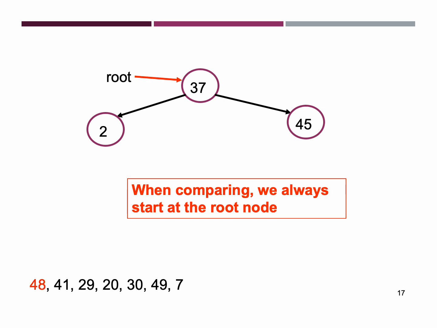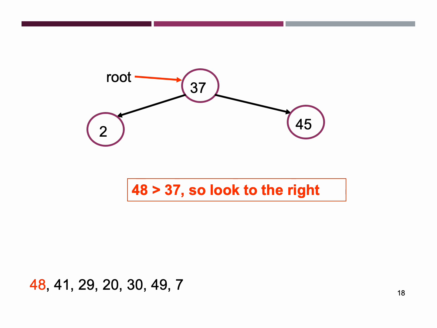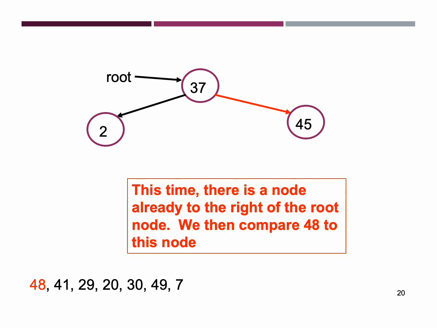Now let's compare 48. When comparing, we always start at the root node. So 48 will be compared with 37, to see whether 48 is greater than or less than 37. Here 48 is greater than 37, so we go to the right. Right means 45. This time there is a node already to the right of the root node, so we compare 48 to this node.